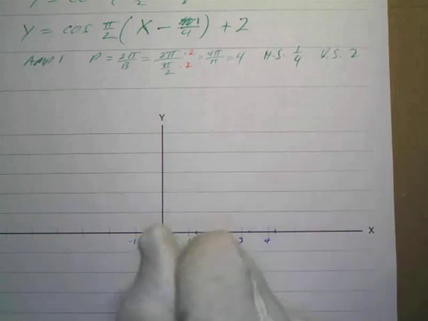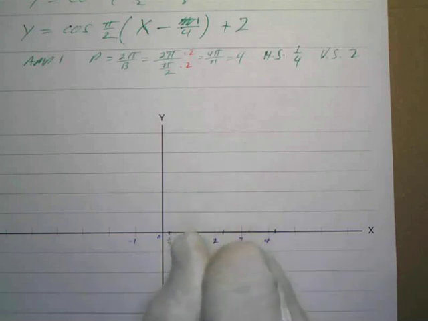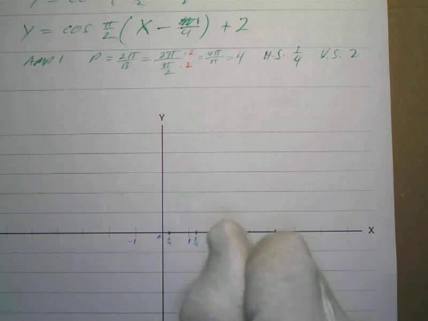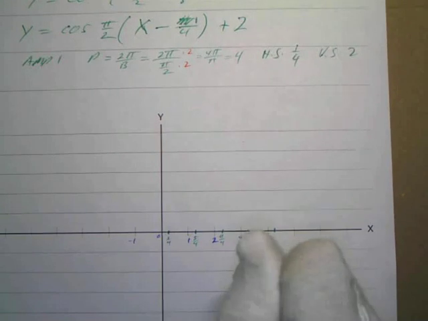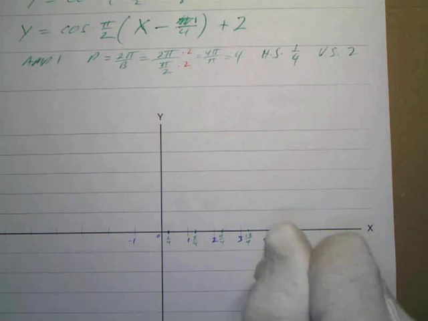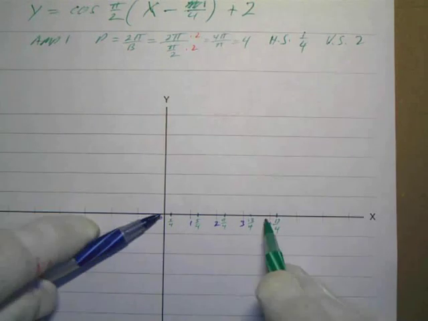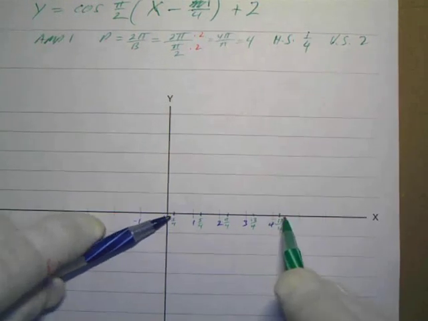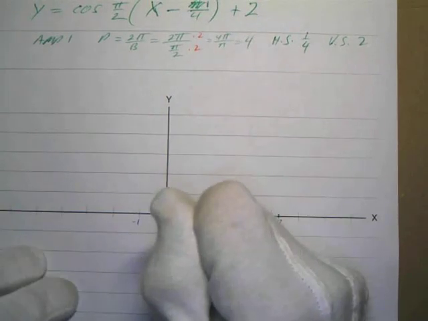So this would be 1/4, 5/4, 9/4, 13/4, and 17/4. So it's going to go like that in fourths. Instead of going from 0 to 4, it's going to go from 1/4 to 4 1/4. It's going to go like this.